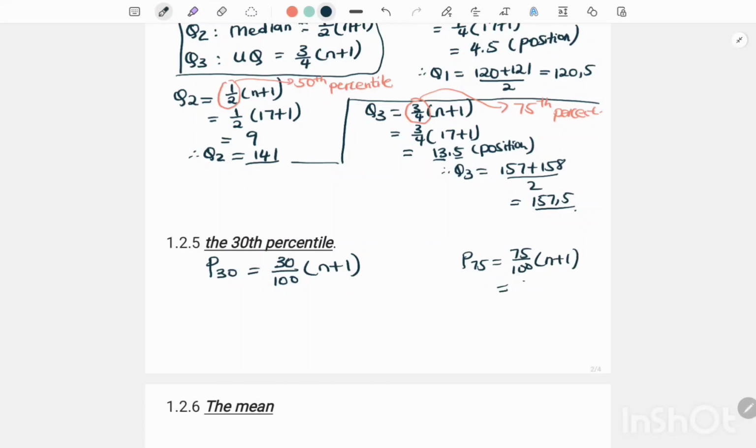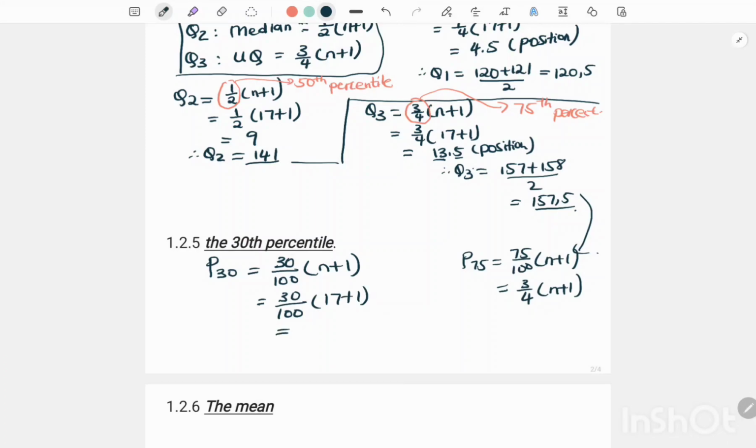Remember, this 75 over 100 is the same as 3 over 4. That is why it is the same as Q3. So be careful of that. But now we don't have this as a quartile. So it's just the 30th percentile, which is going to be 30 over 100 times 17 plus 1.